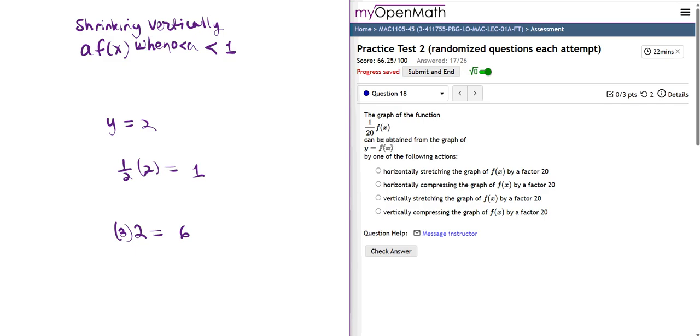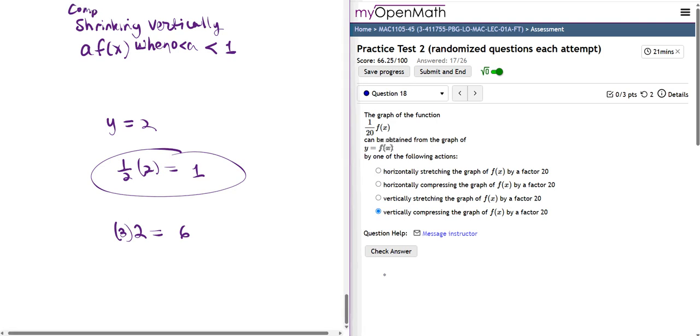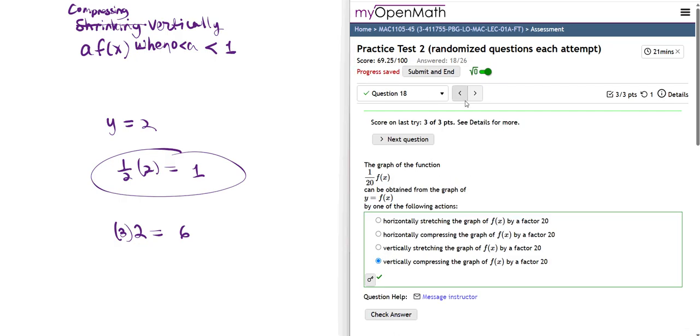So you're shrinking when you multiply by something that's less than 1. So 1/20 is definitely less than 1, so we'll say that's a vertical compression or shrinkage. Compressing is just like squashing it down. We usually don't say shrinking officially, we usually say compressing. So that should be, yep.